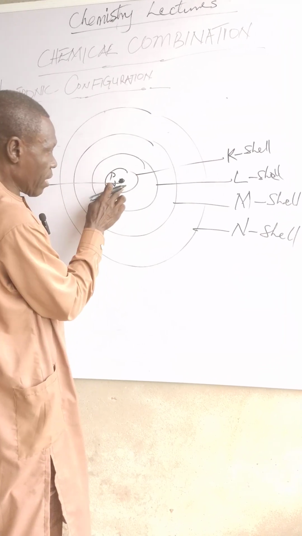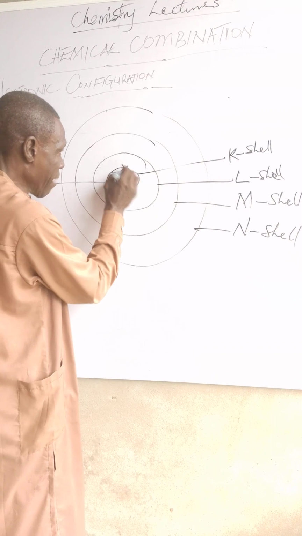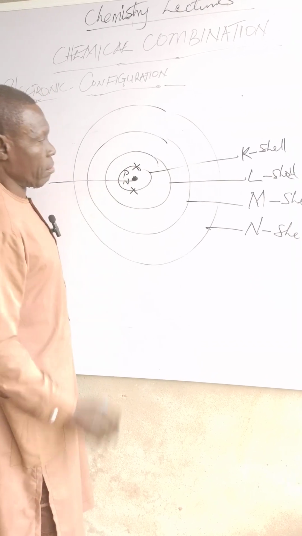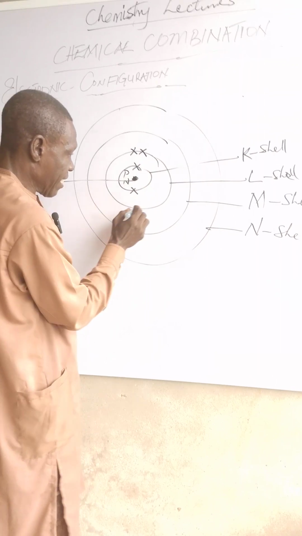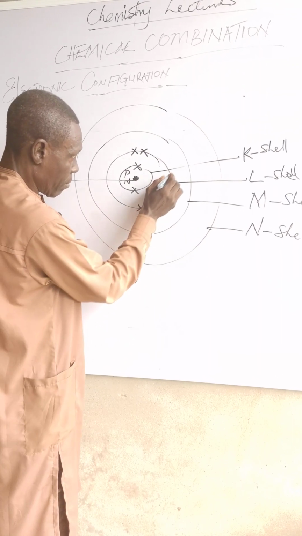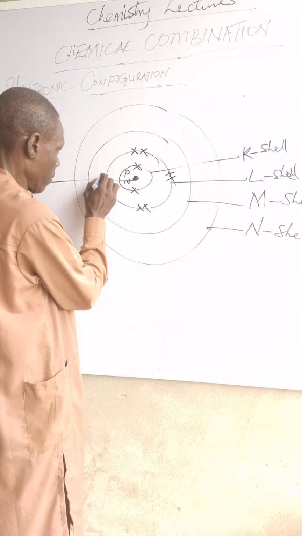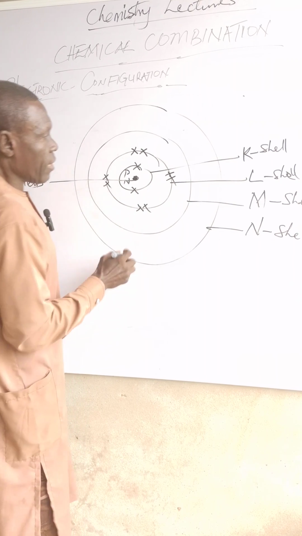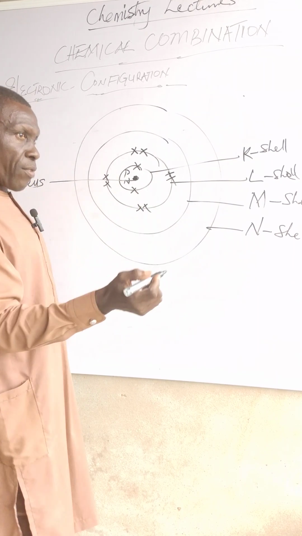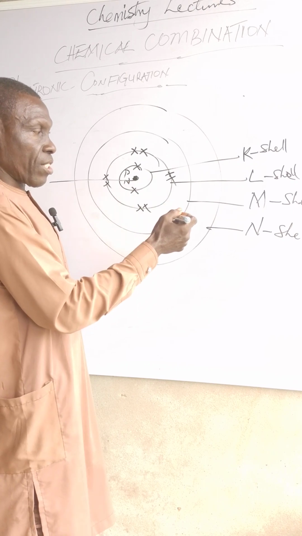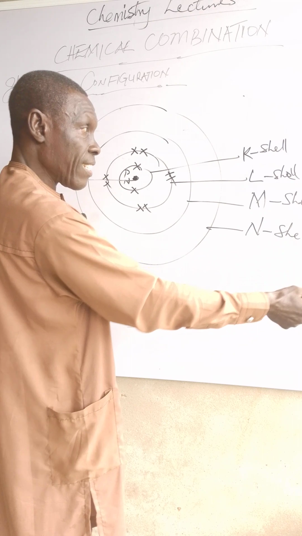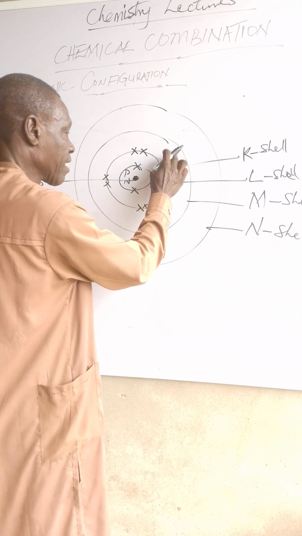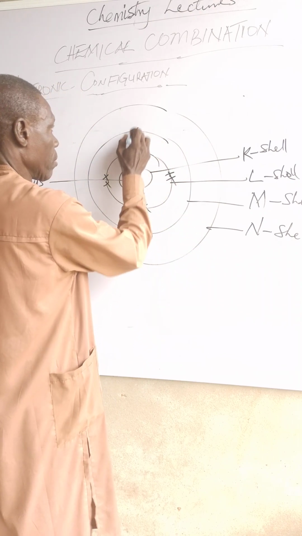Now this first shell, the K shell, contains a maximum of 2 electrons. The second shell, a maximum of 8 electrons. Then the third shell, as I said before, if the electrons are less than 18, you give it 8 electrons.